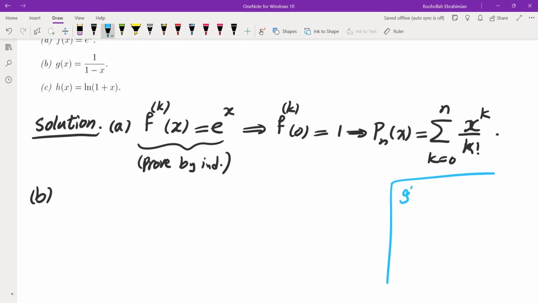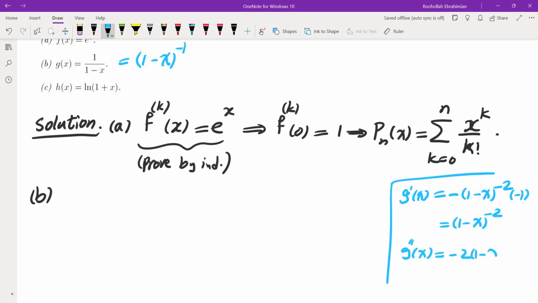So the first derivative: this is (1 minus x) to the power of -1, so by the chain rule we get (1 minus x) to the power of -2 times the derivative of the inside, which is -1. So that's (1 minus x) to the power of -2. If you take the second derivative, it becomes -2 (1 minus x) to the power of -3 times the derivative of the inside.